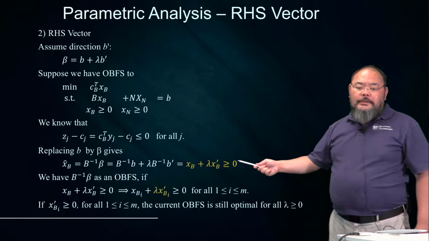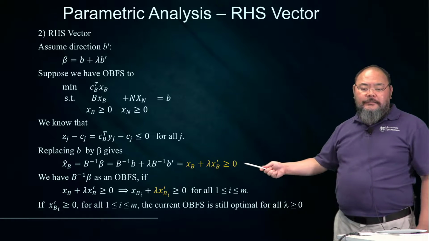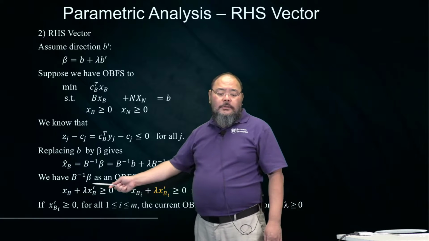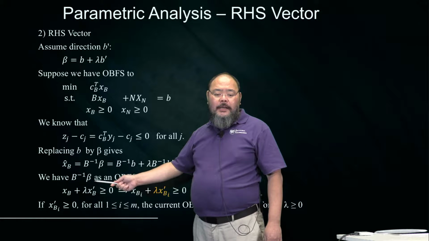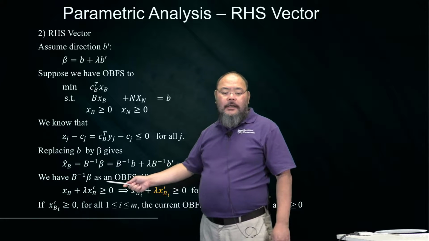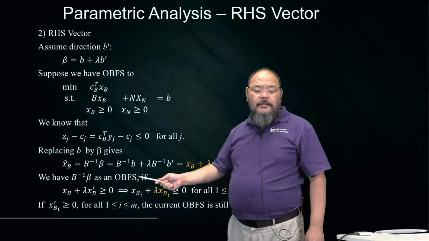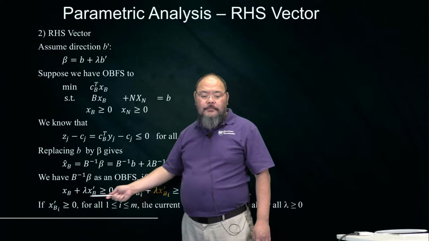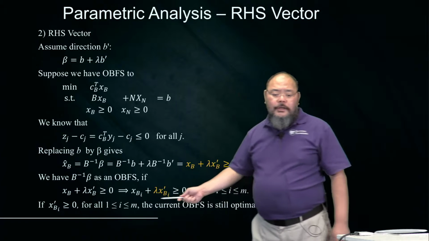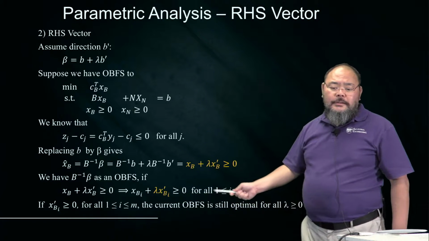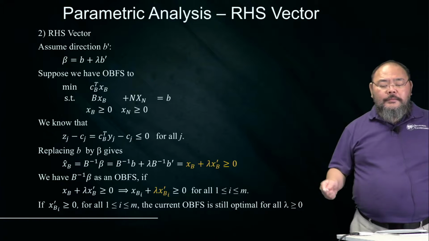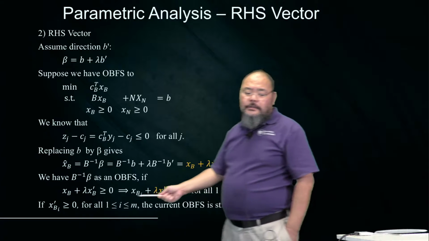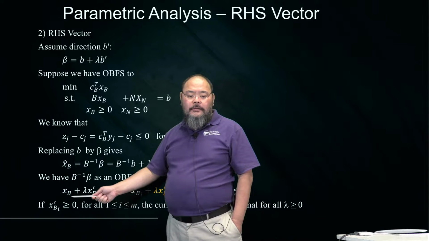However, this has to be non-negative based on the non-negativity assumption. B inverse times beta, the new right-hand side, is also an optimal basic feasible solution if the non-negativity constraint is maintained. Look at this: the current XB is non-negative.